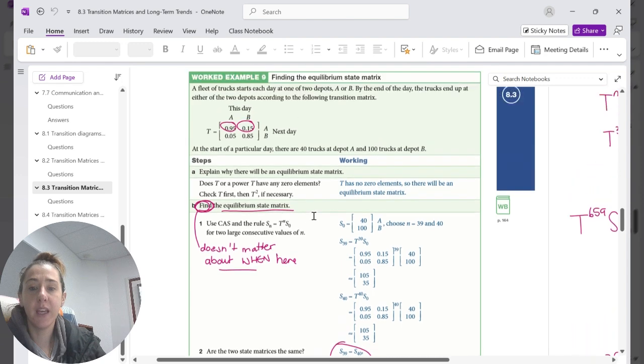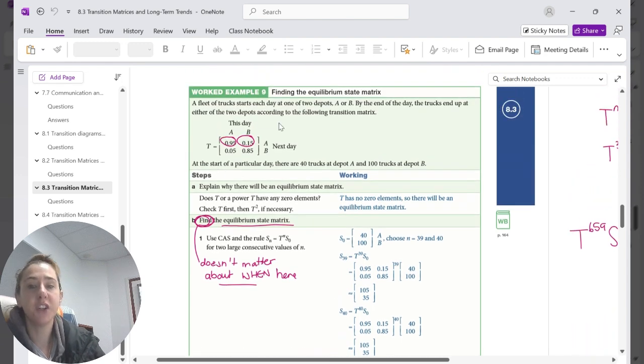So we're going through here. We've got a fleet of trucks. They start at two depots, so this day on the top, next day on the right-hand side. By the end of the day, they might end up at another depot. So this shows us the split. If they started at A, 95%, remember we're putting it into decimal format inside our matrix, will end up at depot A the next day.